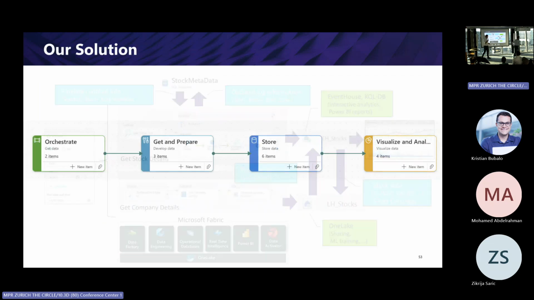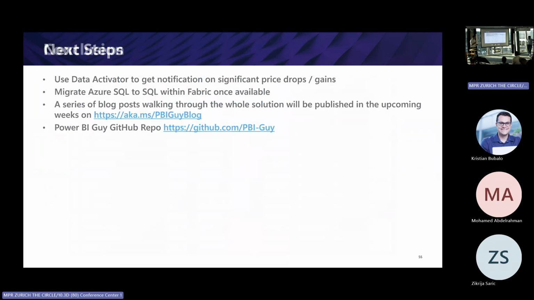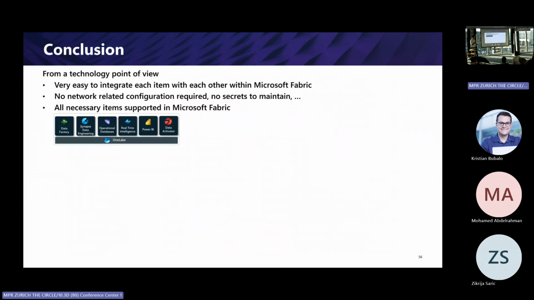Right, thanks. Then conclusion. Here we are. Our goal was, as mentioned, to do everything with Microsoft Fabric. And I think now we achieved it, as we have the SQL database as well, and we could really leverage the full potential of this unified platform that we pitch and talk about.